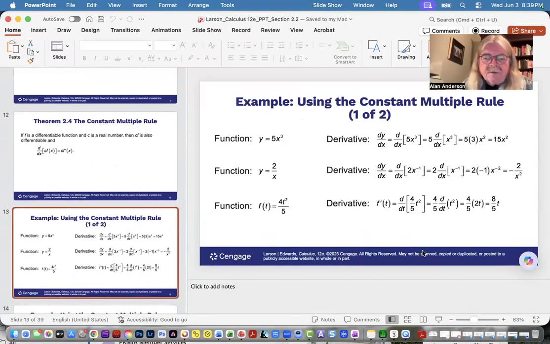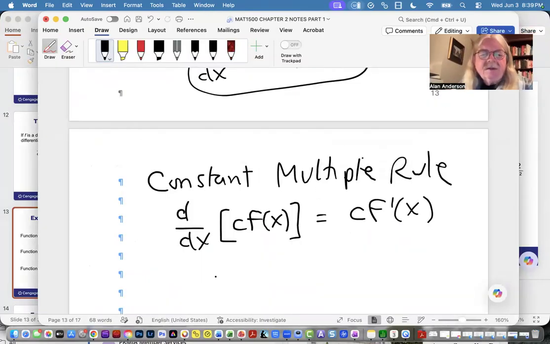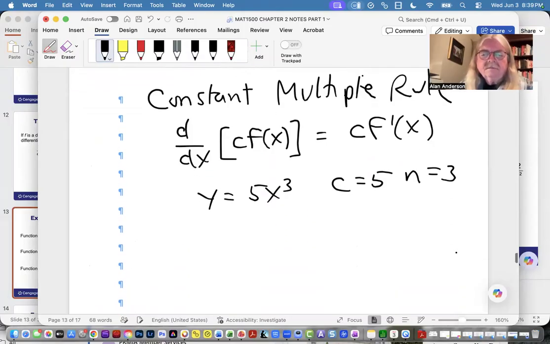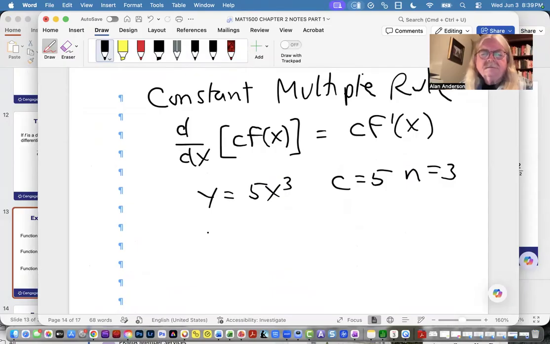So as an example, here we go. They've got quite a few examples. Y equals 5x cubed. C is 5. N is 3. So we're basically doing two things at once. We're in fact essentially holding this 5 out here and then applying the power rule.